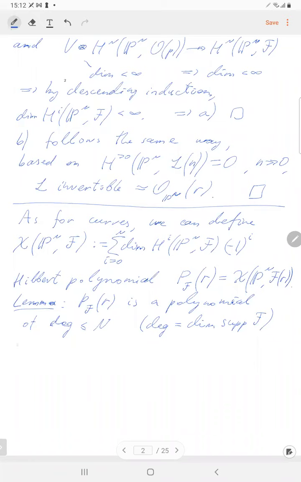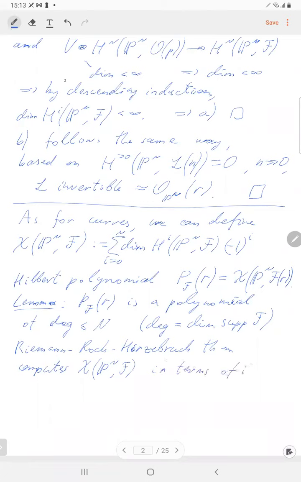Also, there is the general Hirzebruch-Riemann-Roch theorem that computes the Euler characteristic of any coherent sheaf in terms of its Chern character, or whatever, Chern classes.